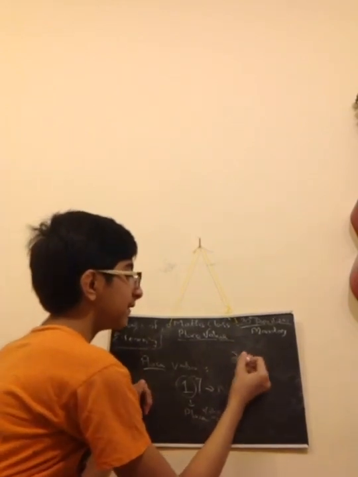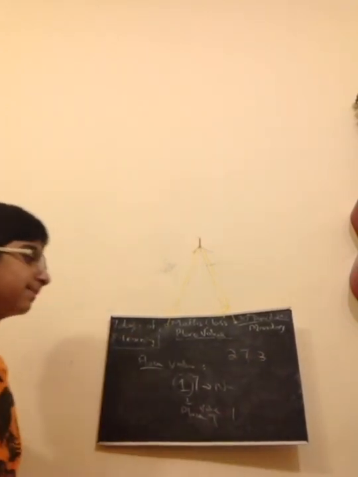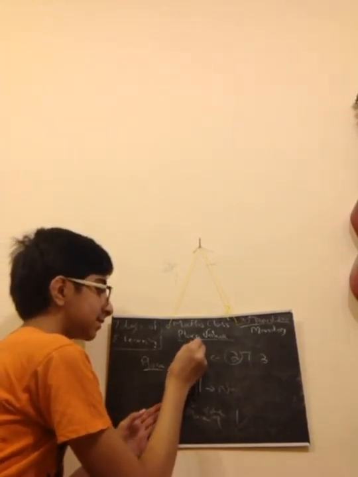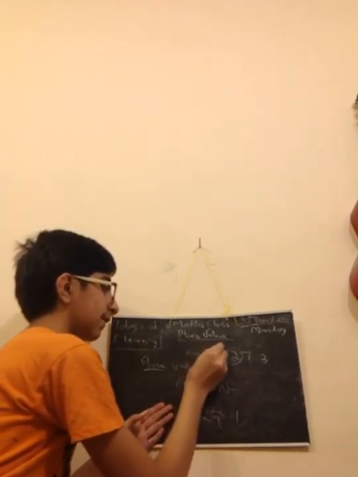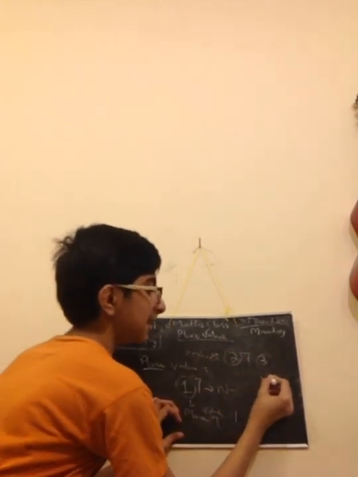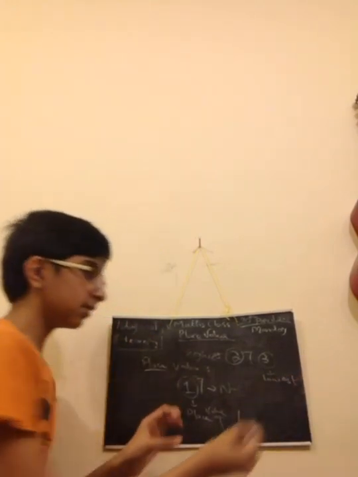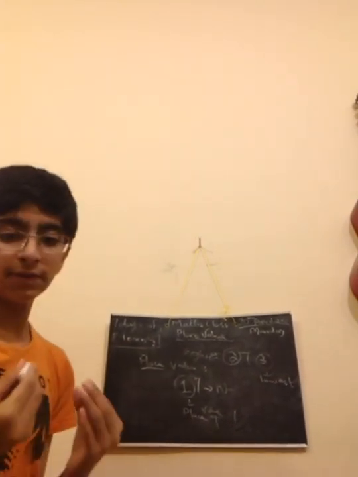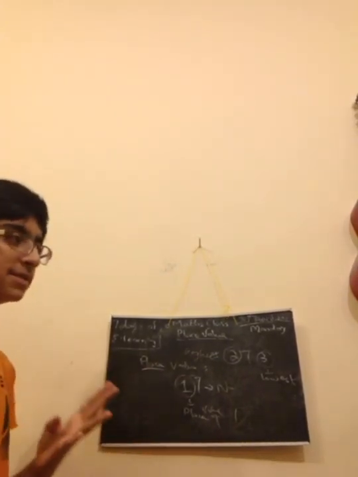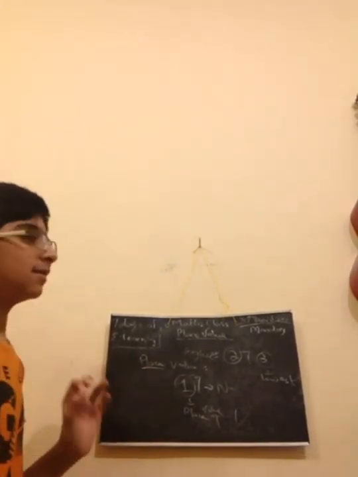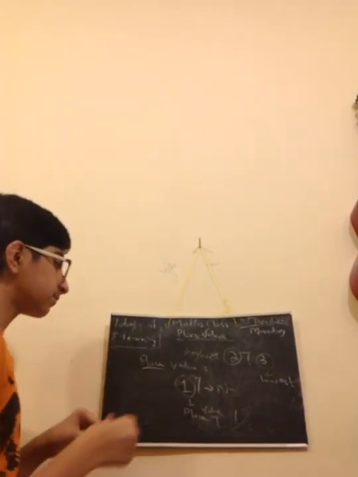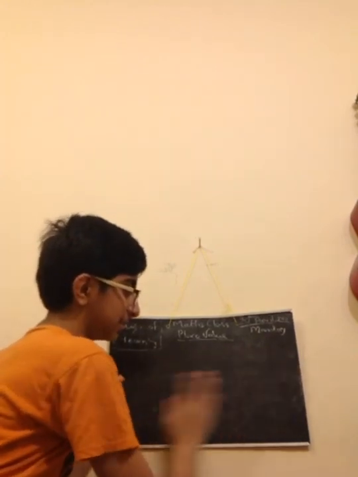For example, in the number 273, the digit 2 would have the highest place value and the digit 3 would have the lowest place value. In this video we will learn 4 different types of places: thousands, hundreds, tens, and ones. So let us proceed.